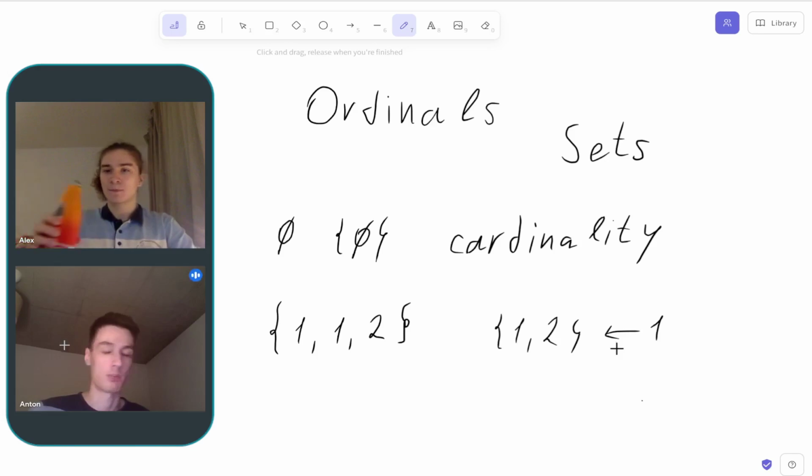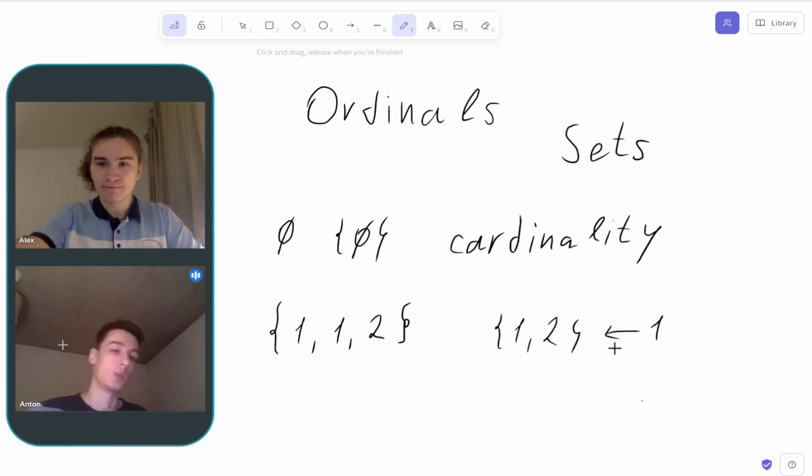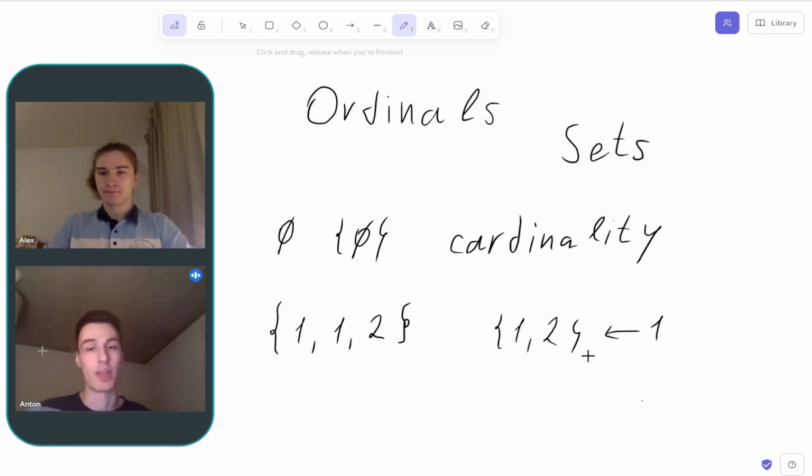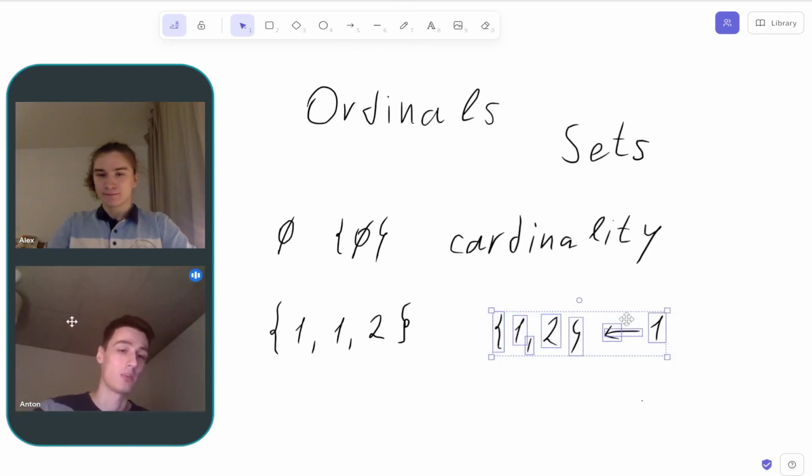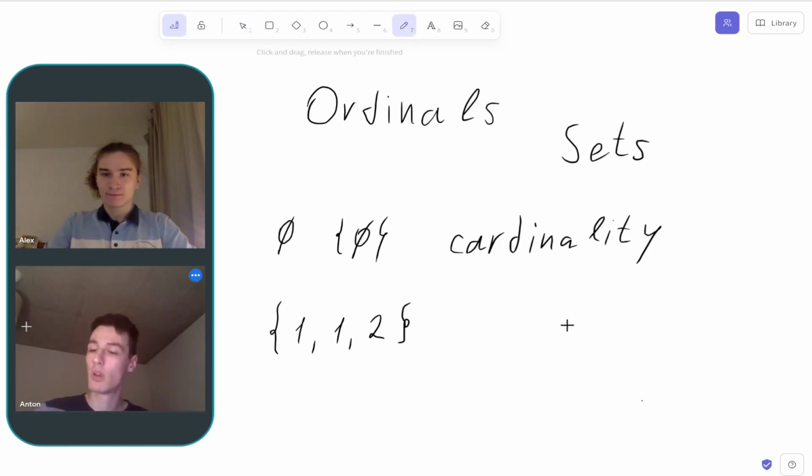So from the Python perspective, there is no reason to have duplicates in the set, right? But you, Alex, also mentioned that I was able to write 1 twice, and this means something. Let me go deeper into that, but it is a side branch of our discussion, not really essential to ordinals. We are having two ones here, right?